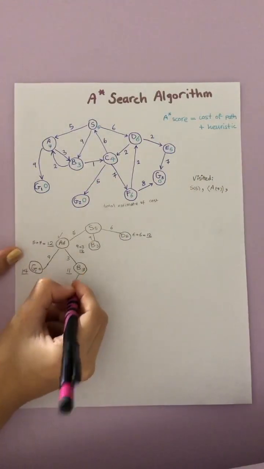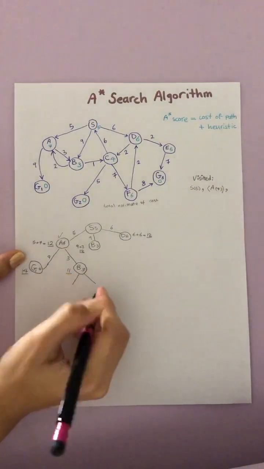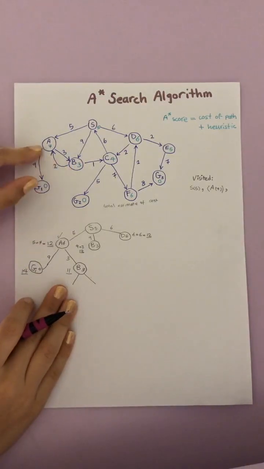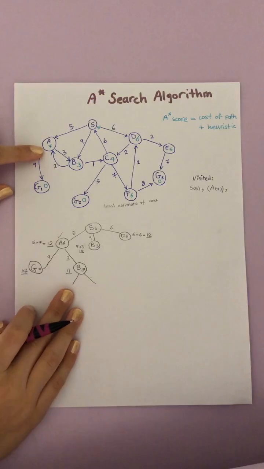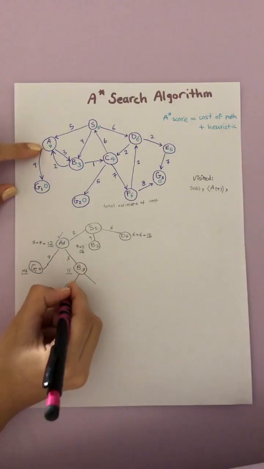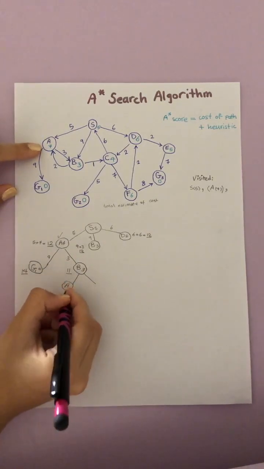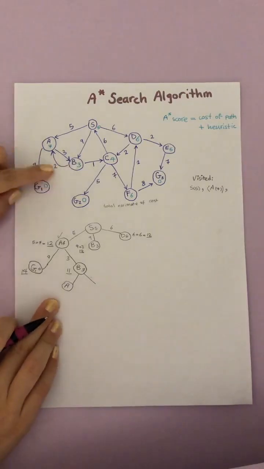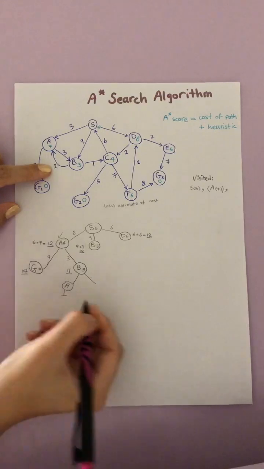So we're gonna go ahead and expand B. From B, we can go to A, but we obviously aren't gonna do that. So this is a dead end, because it'll cost more than what we have already visited. It'll have 2 more units, so this will be a dead end.